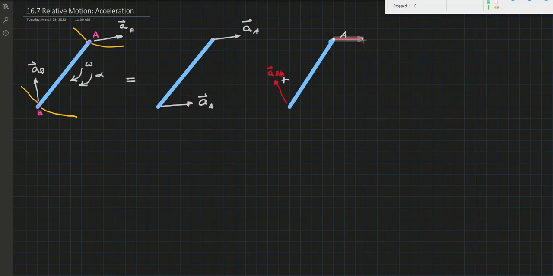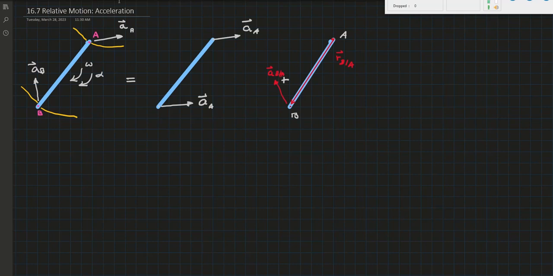We can take a position vector here again, which is, oops, let's get this labeled, a position vector of B with respect to A, drawn from a fixed point.